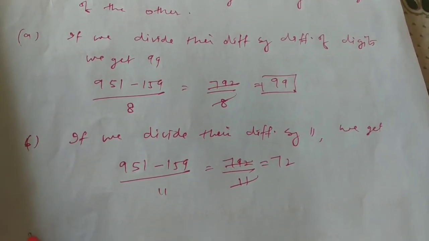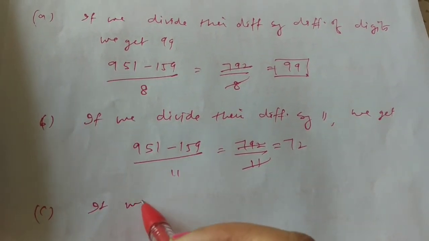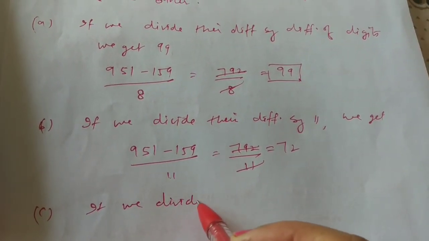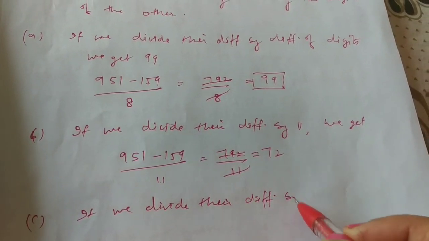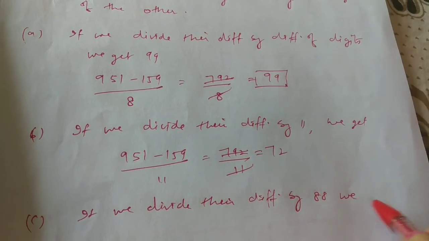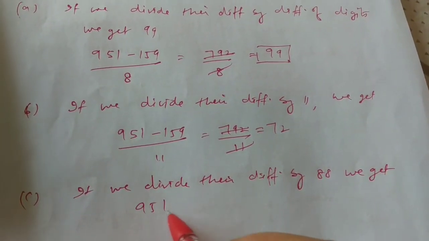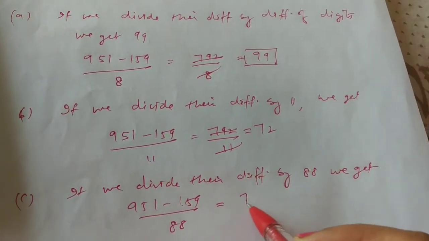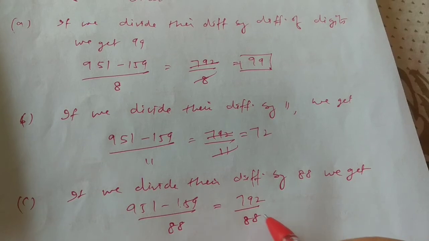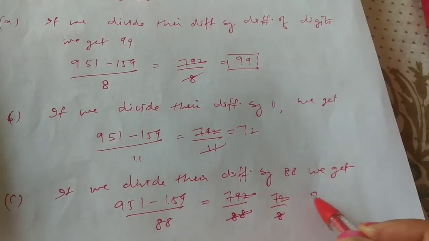Now C part: if we divide their difference by 88, we get what? 951 minus 159 by 88, that is 792 by 88, means 72 by 8, that is 9.